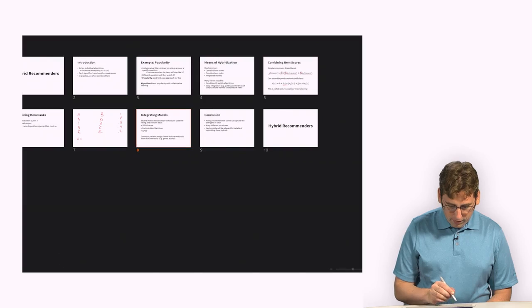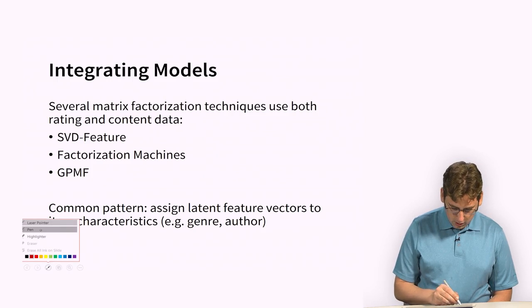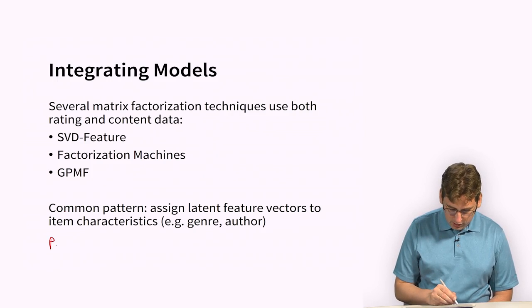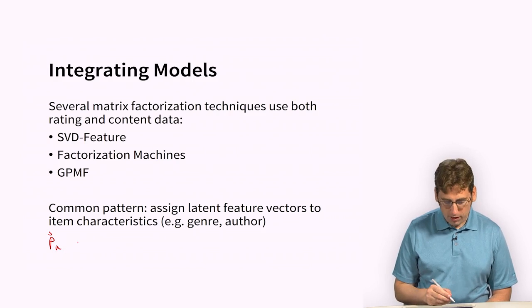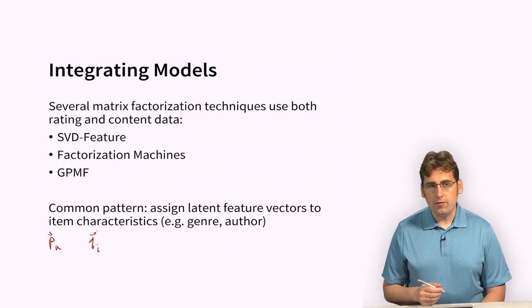we have our P sub U, which is the user feature profile vector. We've got Q sub I, which is the item latent feature vector.